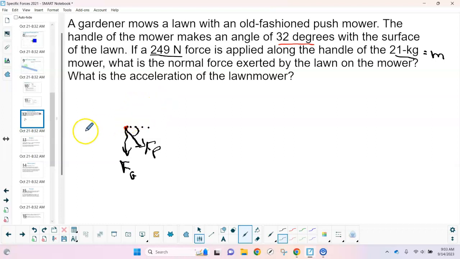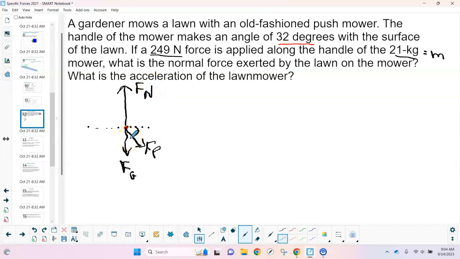But there is a normal force. So if you imagine the surface is a horizontal surface, and that's what we would expect unless it specified something else. We got gravity going down. We got pulling force or pushing force down and to the right. So we're going to have a normal force going up. And my inclination would be to believe that this normal force, which I had perpendicular to the surface going towards the top of the page, is larger than the gravity force.